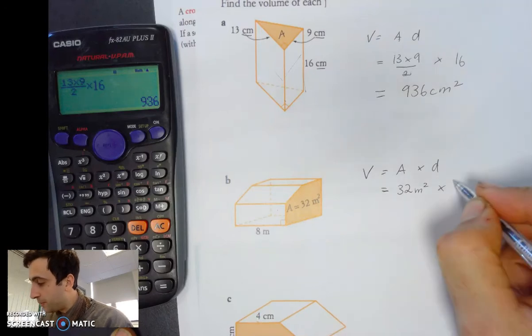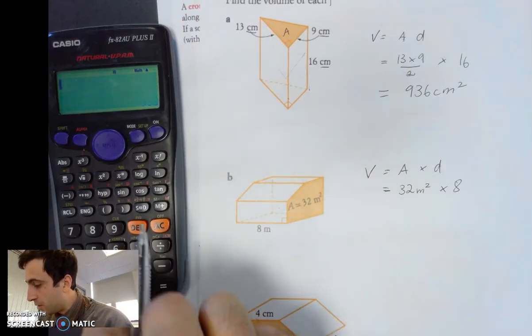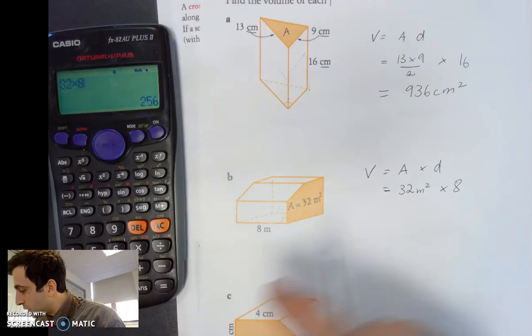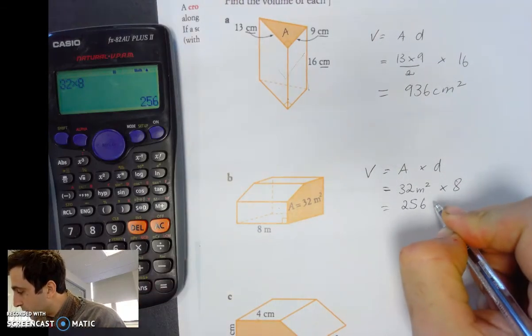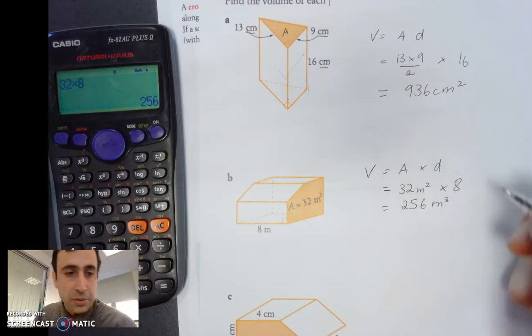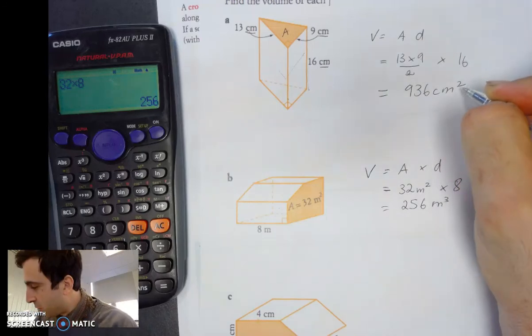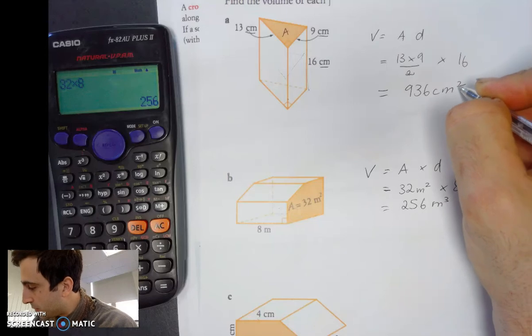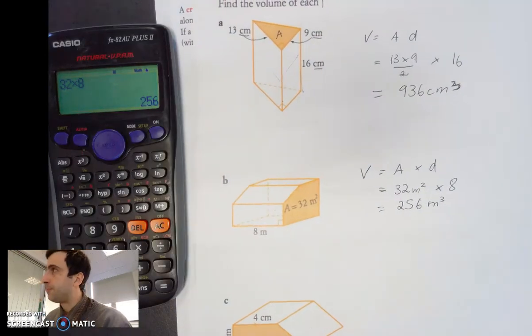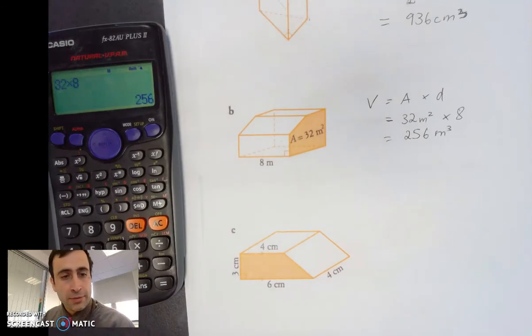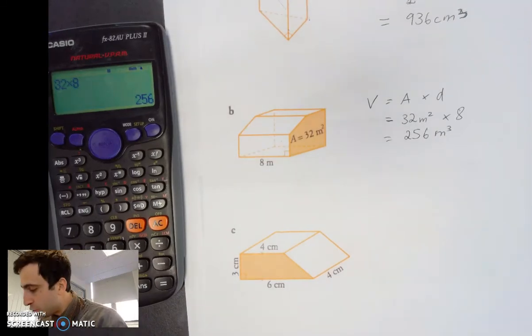Let's type it in. 32 times 8, 256 metres cubed. Oh, I spotted a mistake that I made. That's squared. It should be cubed. Foolish man.